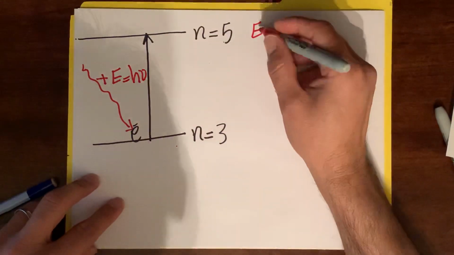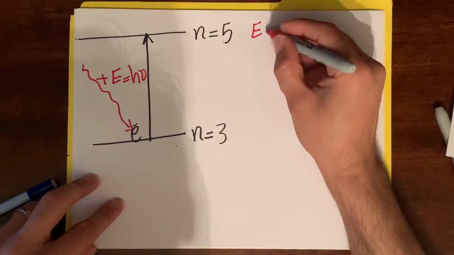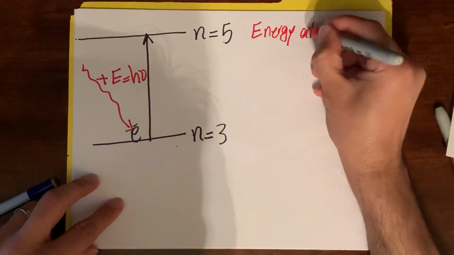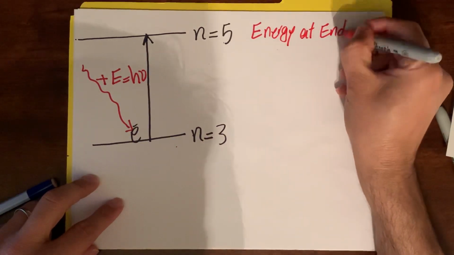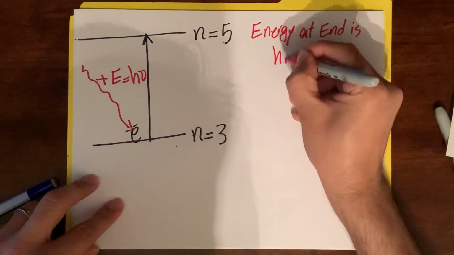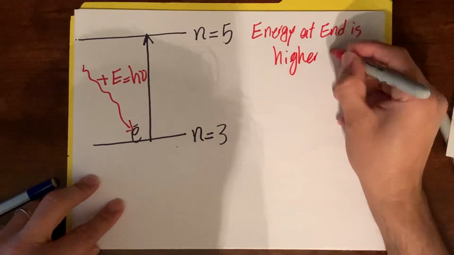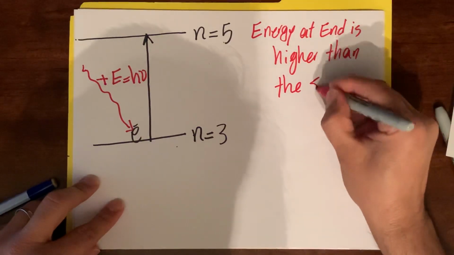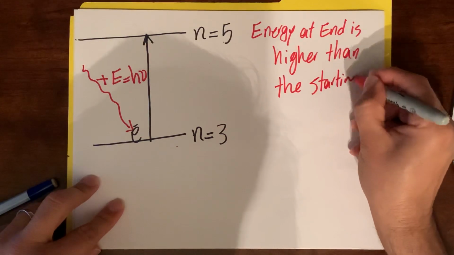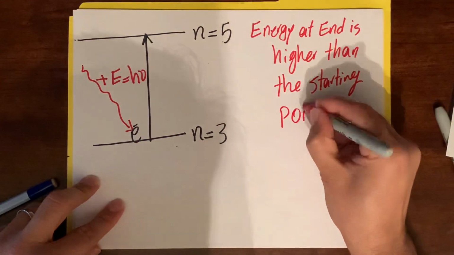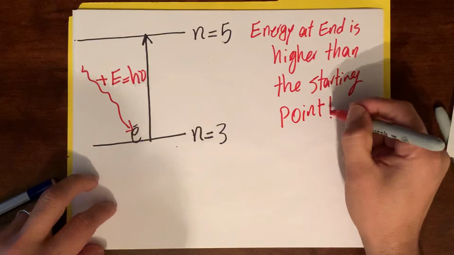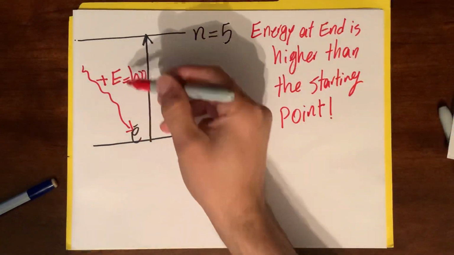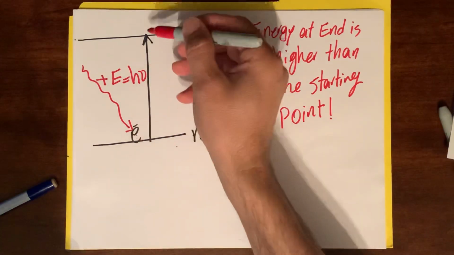So energy at the end is higher than the starting point because we are adding energy to the electron.